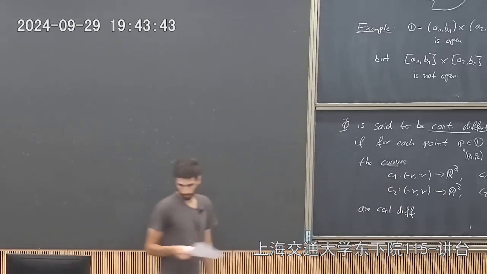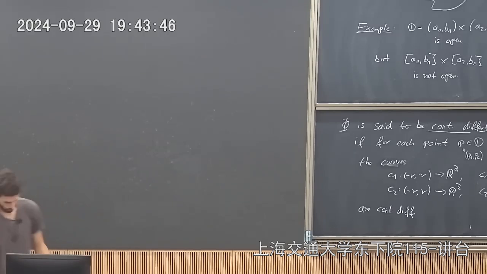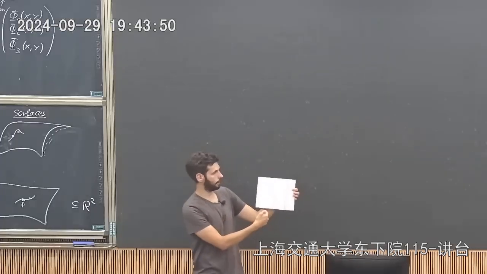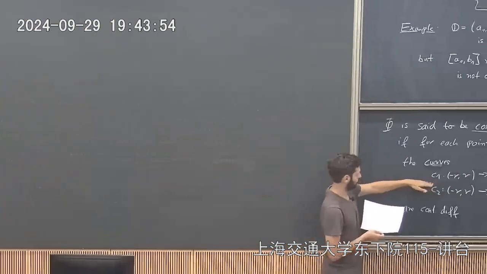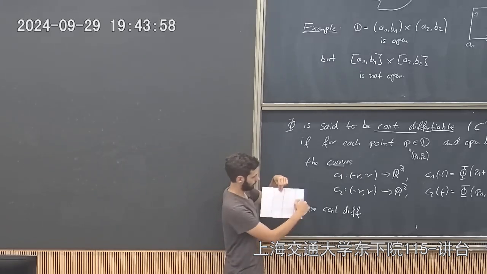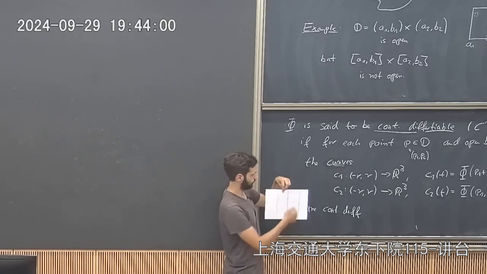So the idea is again that you look at these red lines and the black lines. One of them, C1, would be going in the x direction like this, and these ones would be something that goes in the black line.